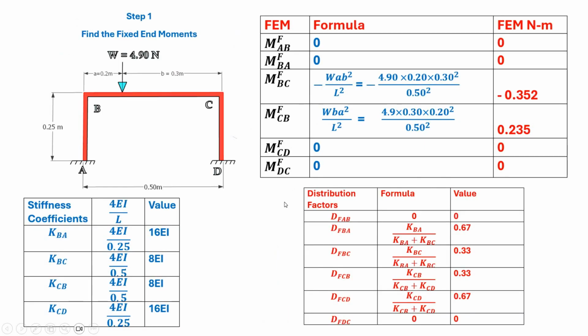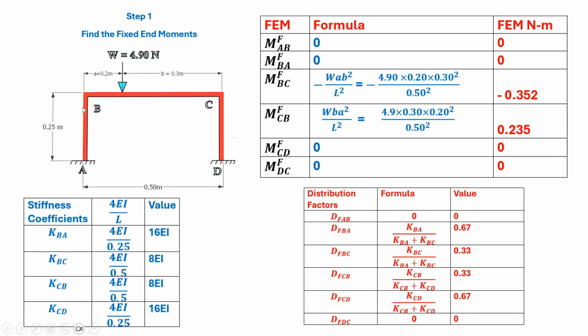In the first, non-sway analysis, we find the stiffness coefficients KBA, KBC, KCB and KCD, and these are the values we arrived at. Proceeding further, we also find the fixed end moments.